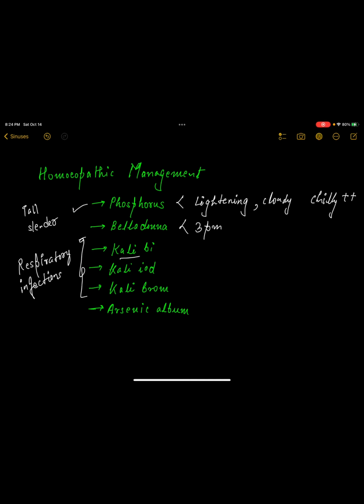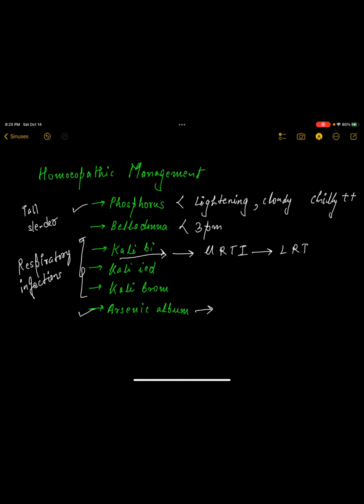And Kali bichromicum is for infection starting in the upper respiratory tract and descending down to the lower respiratory tract. So in these cases, we can prescribe the patient Kali bichromicum and arsenic album.